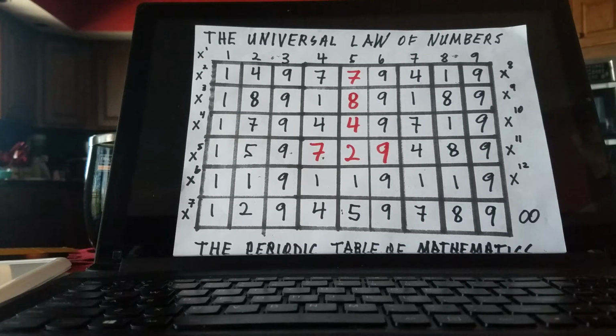And in so doing, that child, through osmosis, will learn a great deal about how numbers work and how numbers fall into place in the universe of numbers.